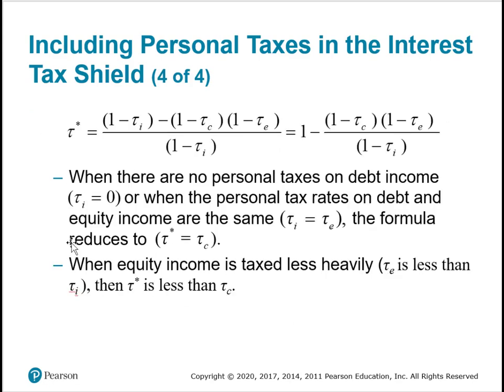So if there's no personal taxes on debt income, if T sub I equals 0, then the personal tax rate is just this numerator, 1 minus this product. We end up with T star, this tax advantage here, being equal to T sub C.